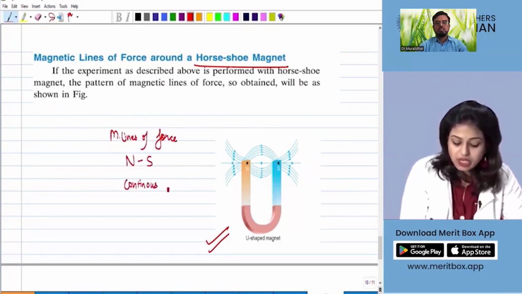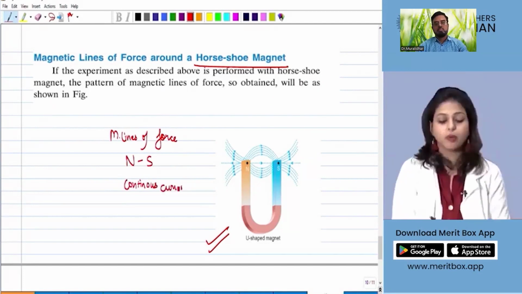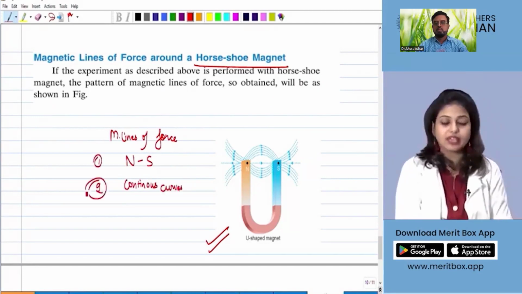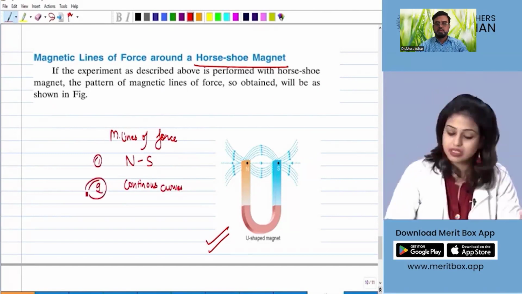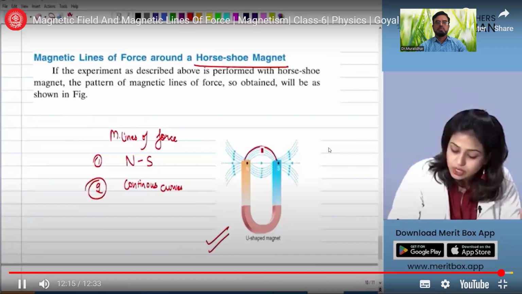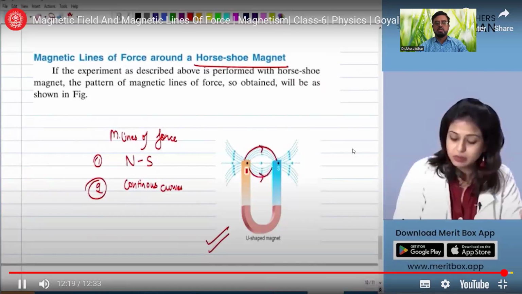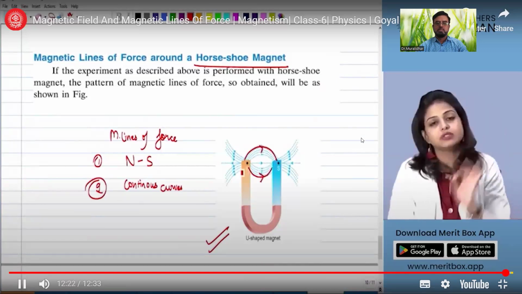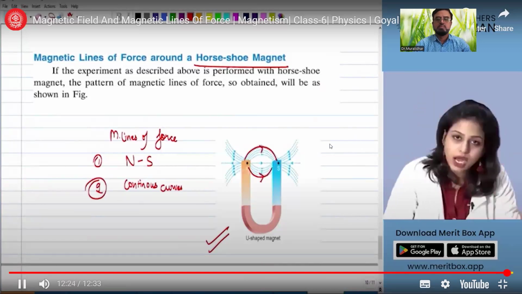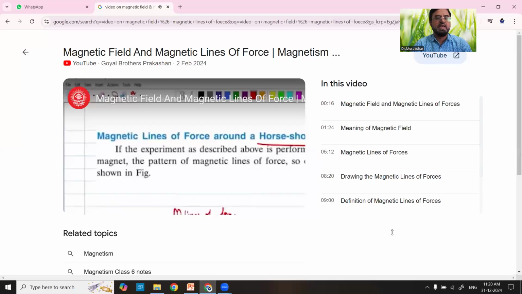So even if I change my magnet, the properties of the magnetic lines of force do not change. In this case also, the magnetic lines of force will be from north to south, and they will be continuous curves as described for the bar magnet.